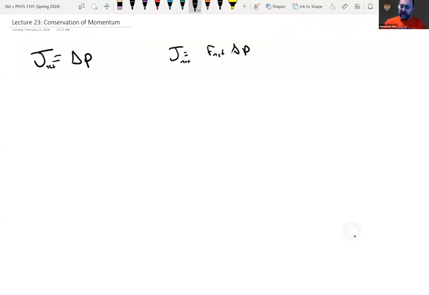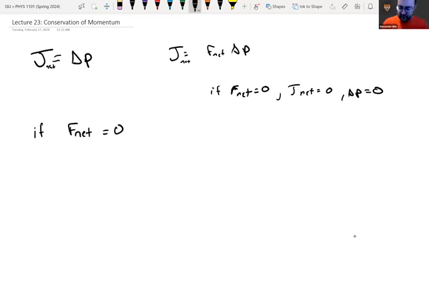So the idea is that if F net equals 0, then J net equals 0, and then delta P equals 0. This is basically the statement of conservation of momentum. If F net equals 0, delta P equals 0.